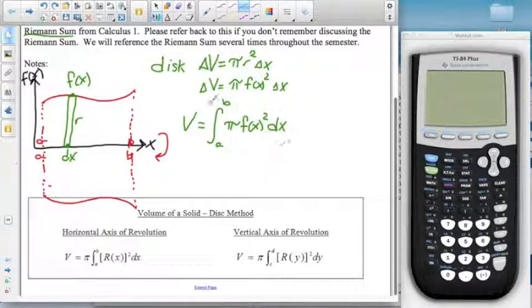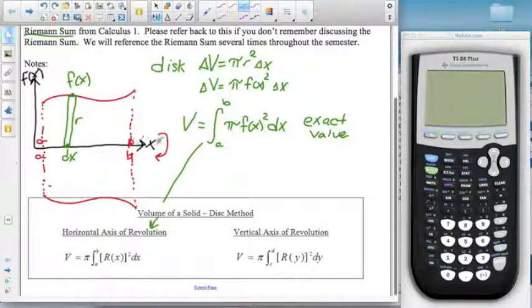And so we have an expression that gets us the exact value of that volume as we integrate that from A to B. And that is shown right here for our horizontal axis of revolution.